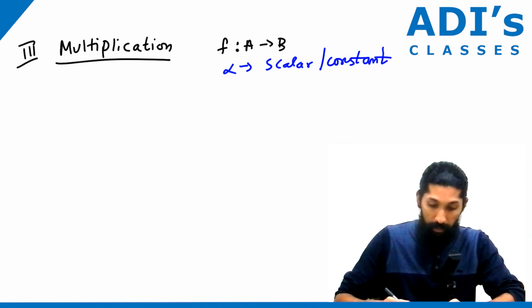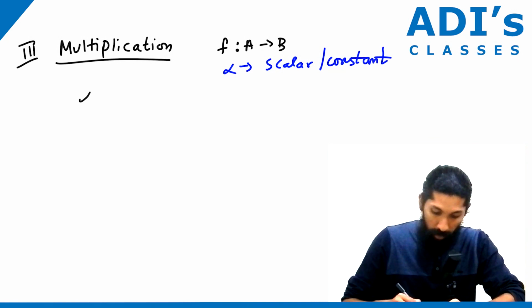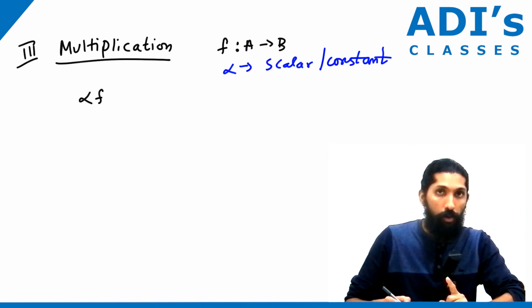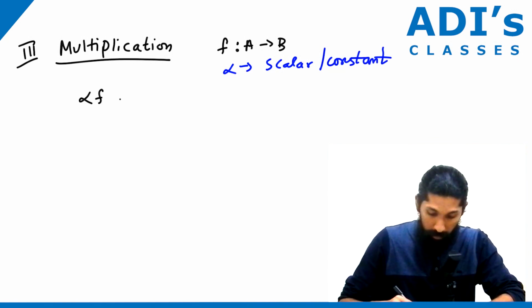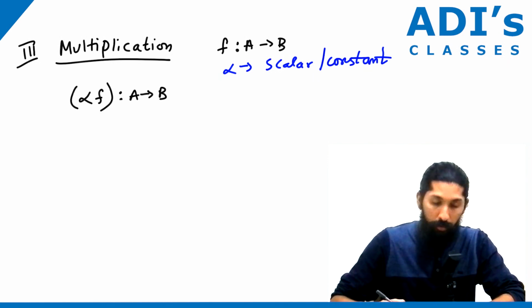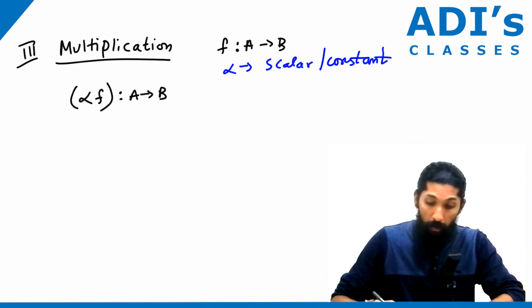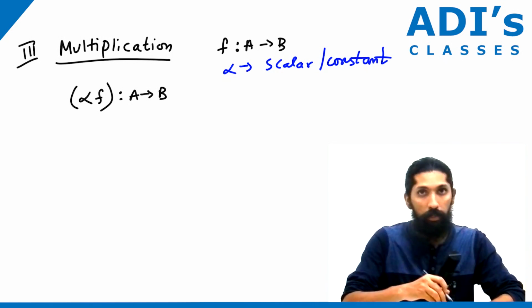Then alpha into f also goes from A to B, and alpha into f is what we call multiplying the function by a scalar.